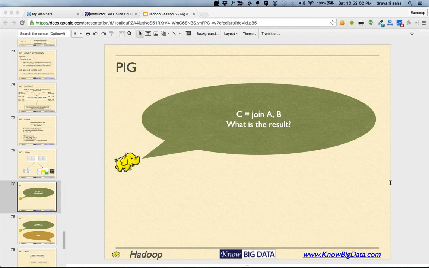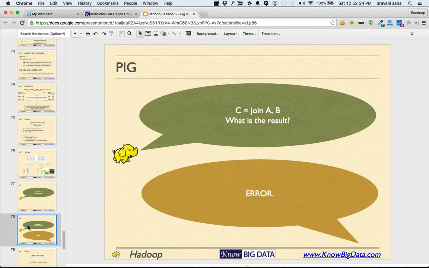Just some data set A and B. Yes, there is no common field specified, and therefore it will basically give an error, because the syntax of join does not allow that.